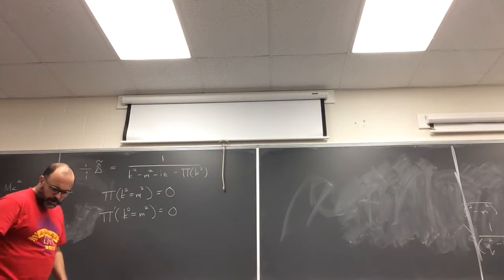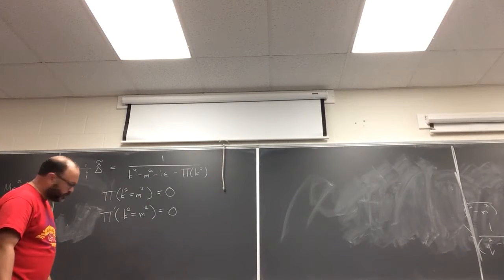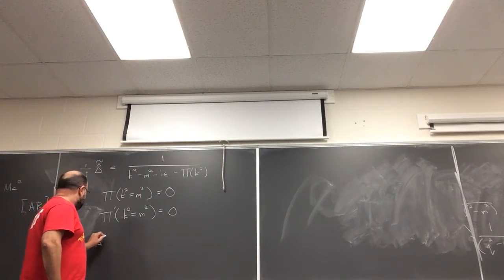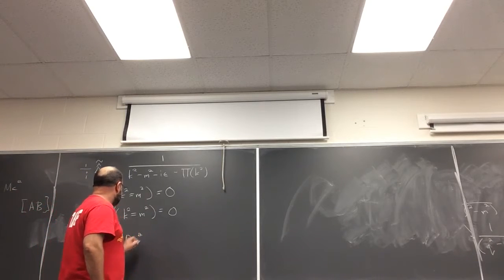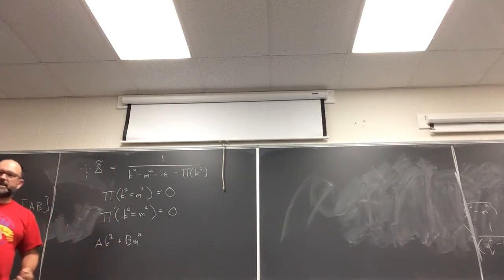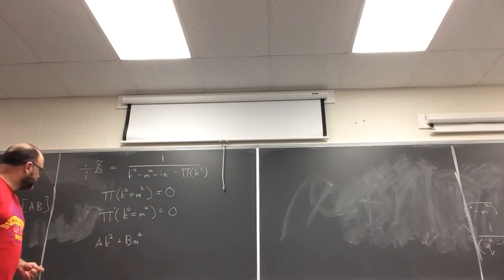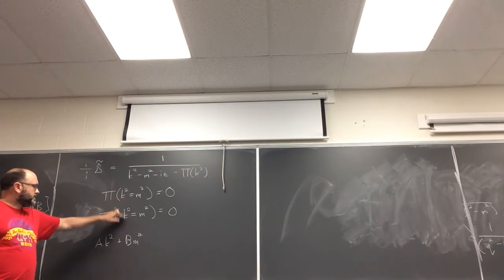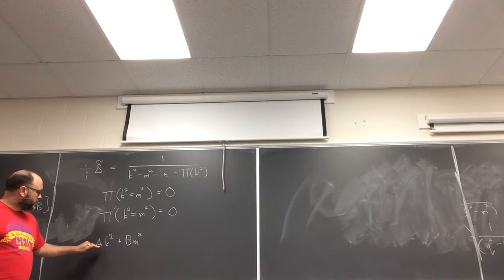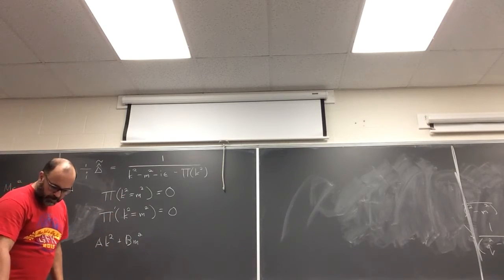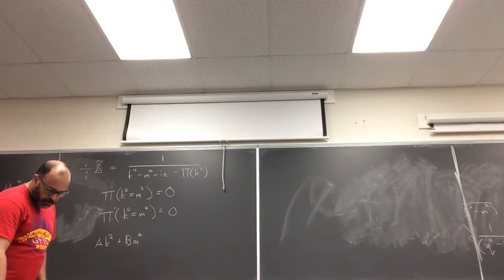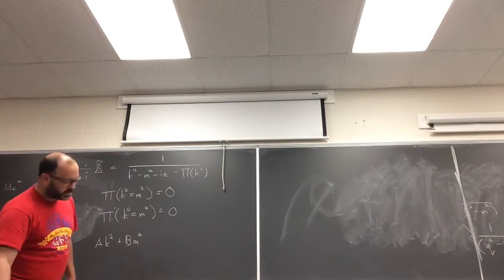And if you remember, in our expression, we had one term that went like a k squared plus b m squared, where these guys are related to the z factors, the counter terms in our original Lagrangian. Okay, so what these two conditions are going to allow us to do is to compute those two counter terms.